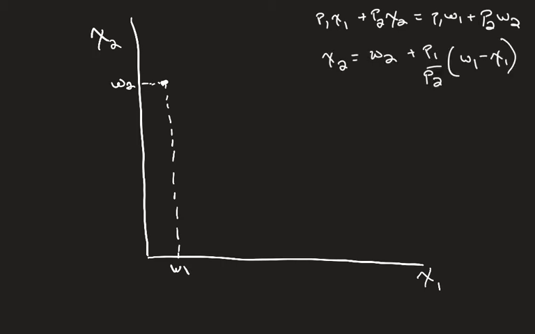Rearrange that budget constraint and we can find our intercept. In the event that you were to not consume any x1 and sell all of your x1 off to just consume x2, how much x2 would you have? Well, you'd have your endowment of x2, and then you'd have what you were able to transform your x1 into x2s, which of course depends on the marginal rate of transformation. And so that gives you your intercept on the axis.